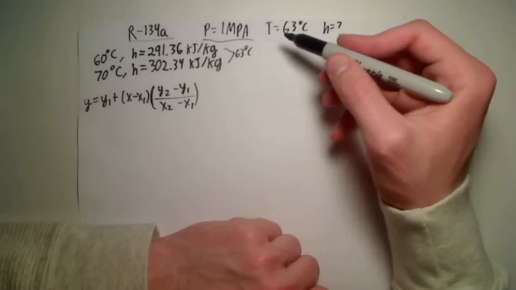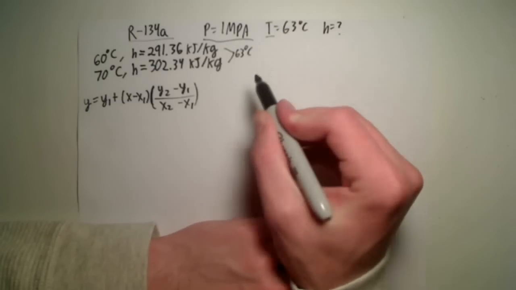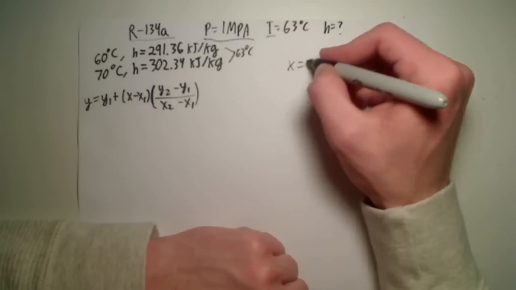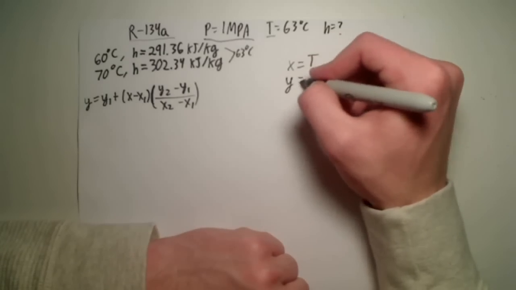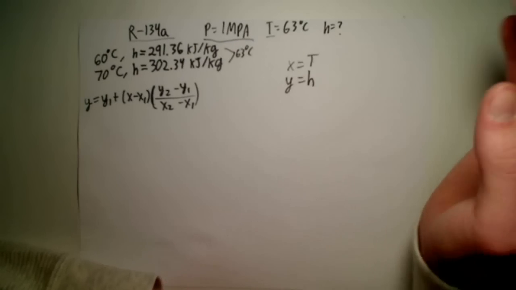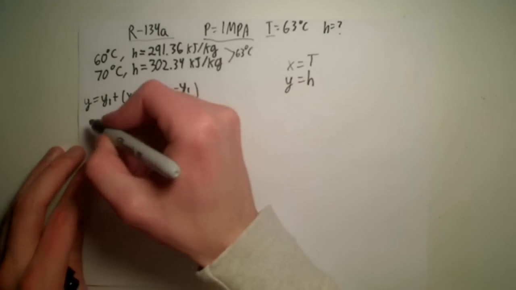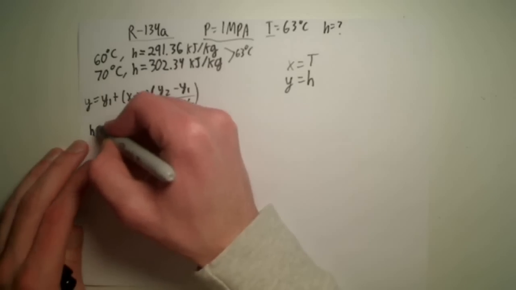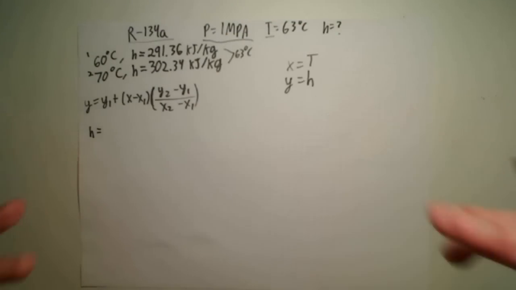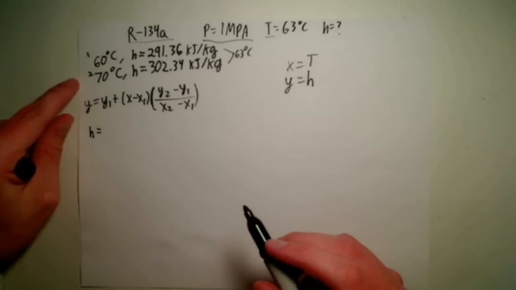In this case, x is the temperature T, and y is enthalpy H. They're just variables, we don't really care what letters we use. We're also going to mark this as point 1 and this as point 2. You can reverse them and get the exact same answer. It's just easier to work with this.